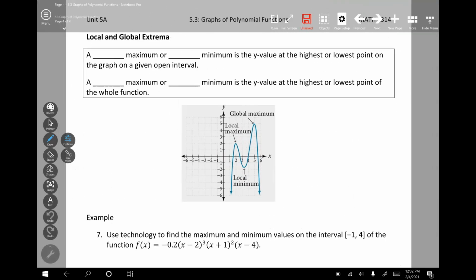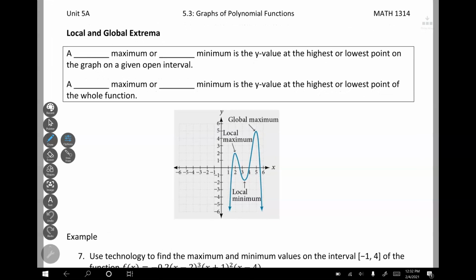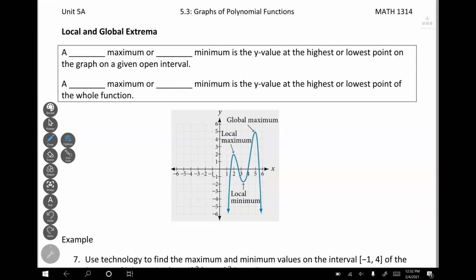All right, last part of these notes, we're talking about local and global extrema. So we have what's called a local max or local min, local maximum or minimum. It's the y value at the highest or lowest point on the graph on a given open interval.